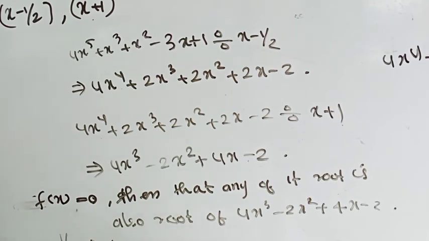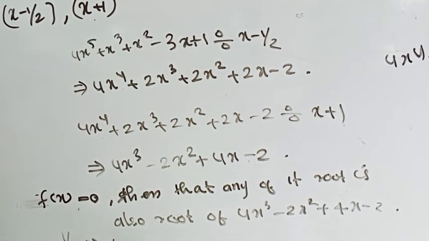So by checking f of 1 by 2 over it, we can find 4 into 1 by 2 whole cube minus 2 into 1 by 2 square plus 4 into 1 by 2 minus 2 is equal to 0.